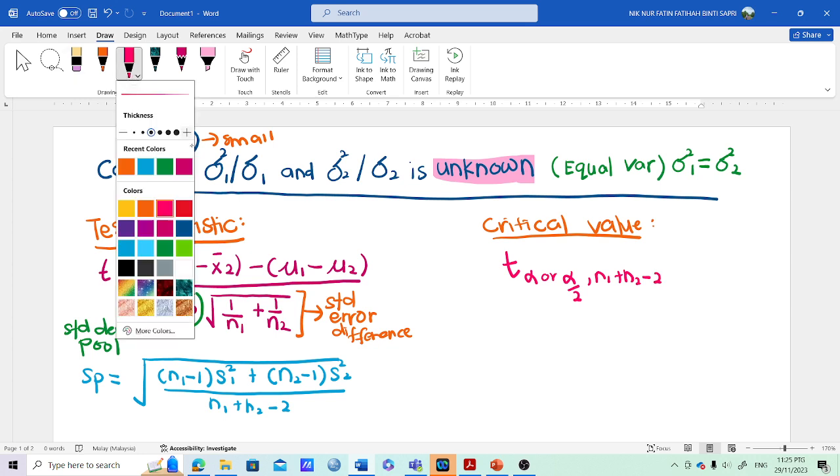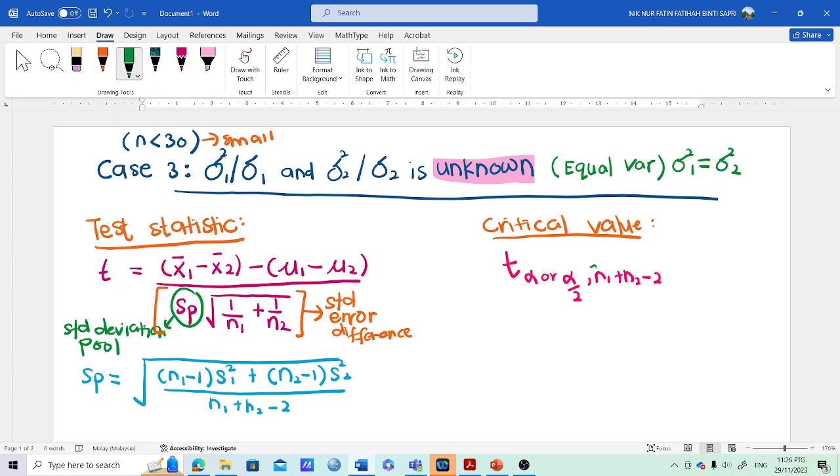So this is actually your degree of freedom. This is the degree of freedom formula. Same goes for this one, this is actually the DF: sample size group 1 plus sample size group 2 minus 2.